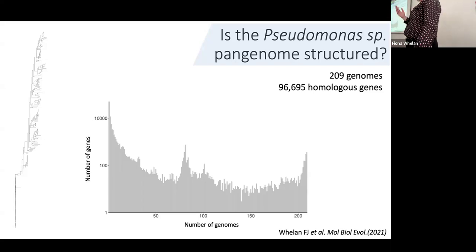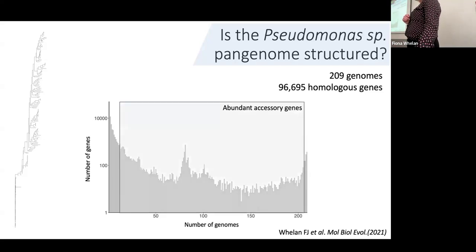So in our analysis using Coinfinder, we focused on our abundant accessory genes. We're excluding those genes that are found in every single genome because they're core, so they're not interesting for answering our research question. But we also can't say anything statistically about genes that co-occur in every single genome.